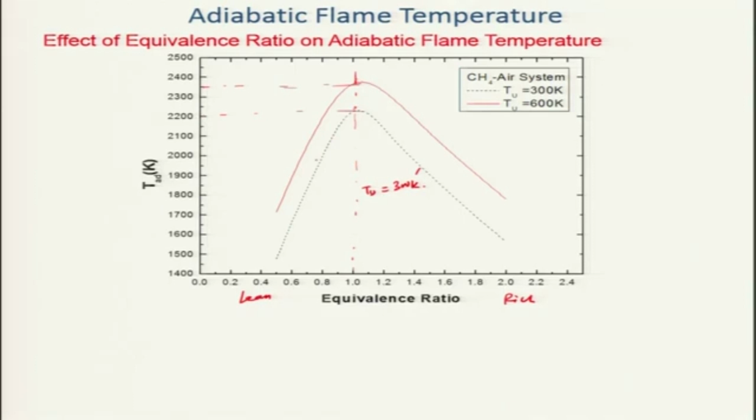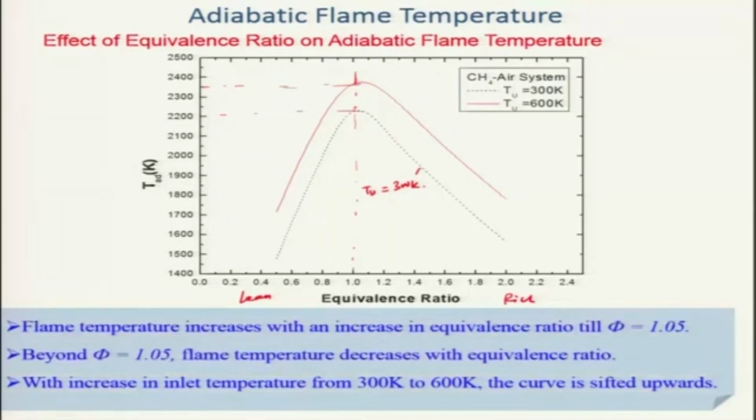And of course, on both the lean side and rich side there will be a difference, and the difference on the rich side is a little higher compared to the lean side, because of the product which will be there. So, you can see this peak adiabatic temperature occurs around 1.05, and with increase in inlet temperature from 300 Kelvin the curve is shifted upwards, as I have told you earlier, along with the increase in adiabatic temperature.